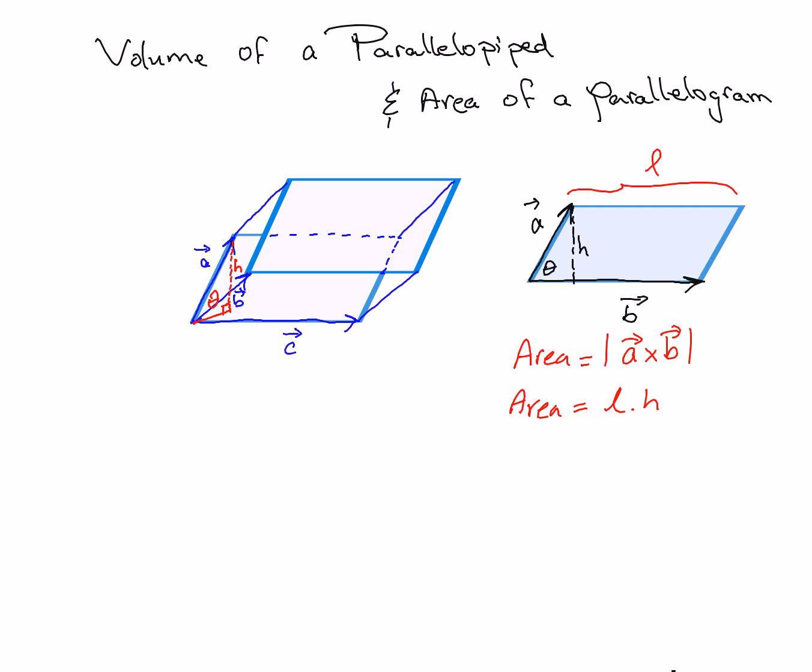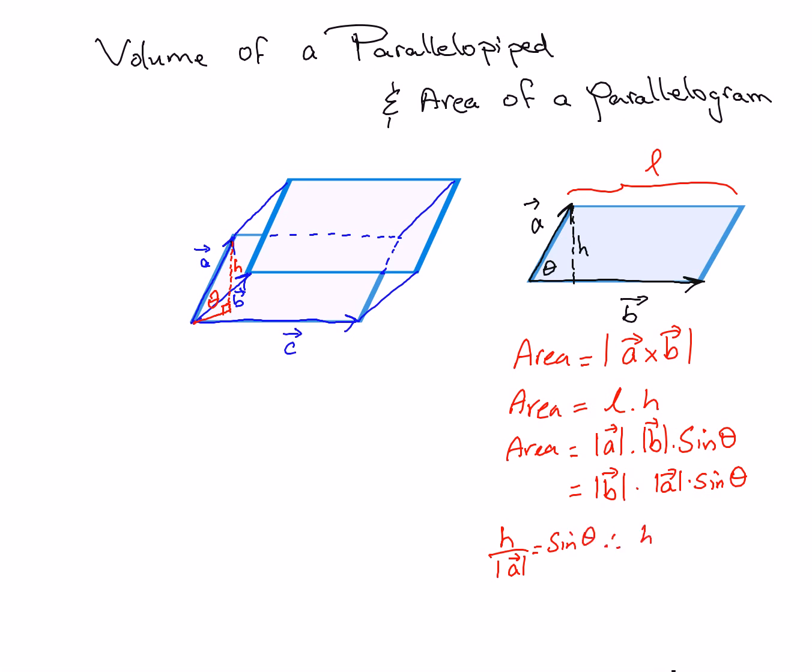So if we look at the cross product, we know the formula now, which is the magnitude of A times the magnitude of B times the sine of the angle between them. But if we rearrange it to write the magnitude of B times the magnitude of A times sine of the angle between them, we will quickly notice that the height divided by the magnitude of A is sine theta.